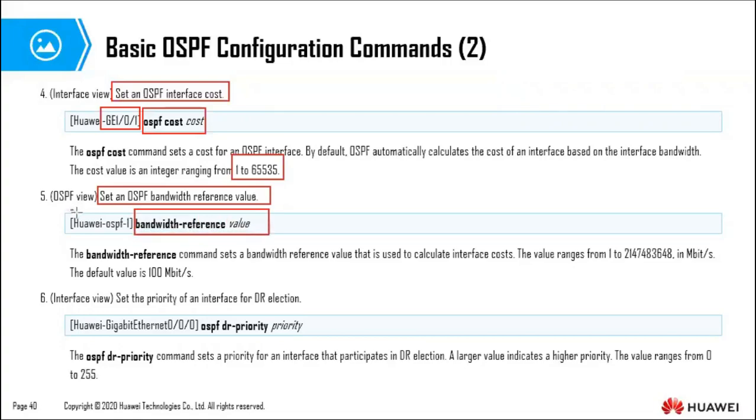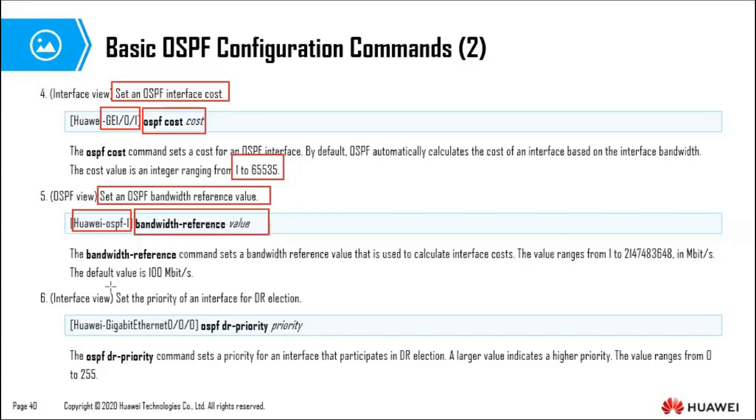You go into OSPF view, you just type OSPF 1, enter. Then you type the command bandwidth-reference, then you enter a value like 10,000. So if the maximum interface you have is 10 gig, you can give it 10,000. If it's 400 gig, you can give it 400,000, for example.